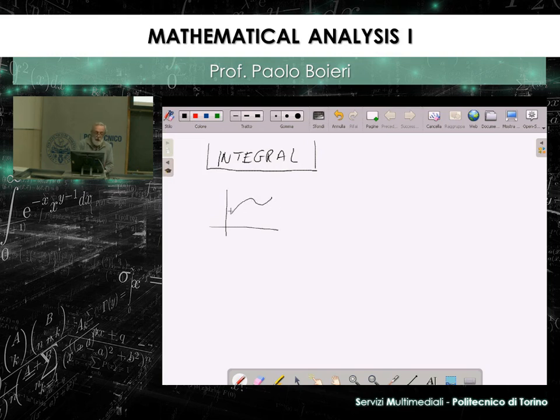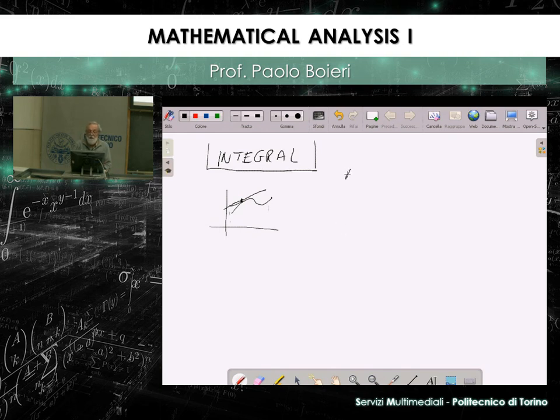It is the generalization of the problem of finding the tangent line to a general graph, not only to an elementary object of geometry like circles and so on, but to a general graph. The idea of integral, again, starts from a similar question, that I have to move from elementary situations to a more general situation. What is the idea?